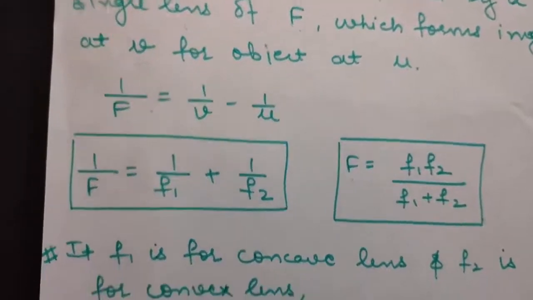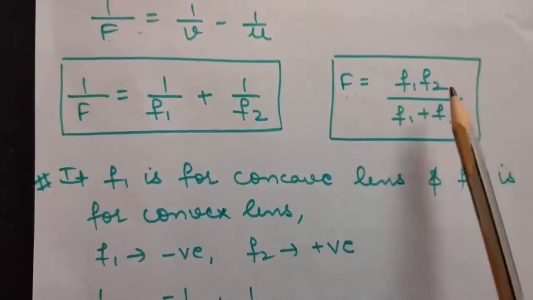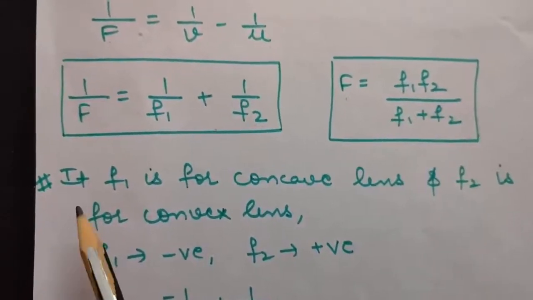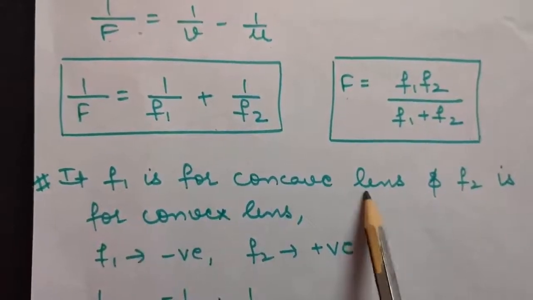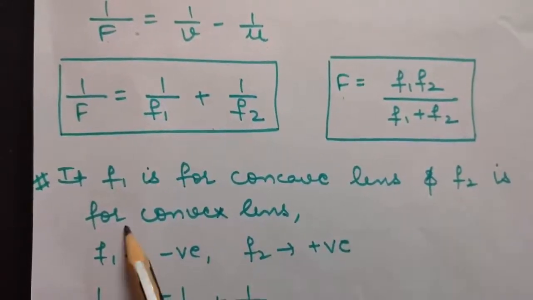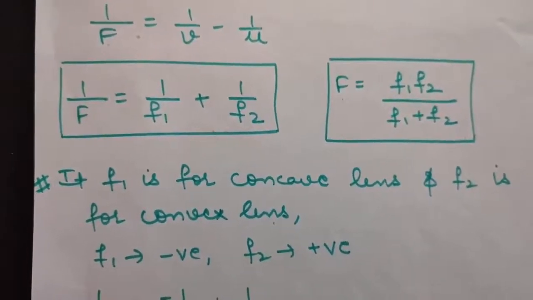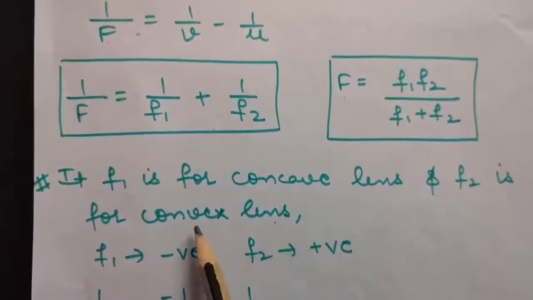Okay. So in the diagram we have taken F1 and F2, that is, both are focal lengths of convex lenses. But suppose F1 is the focal length of a concave lens and F2 is the focal length of a convex lens, that is, a combination of concave and convex lens.